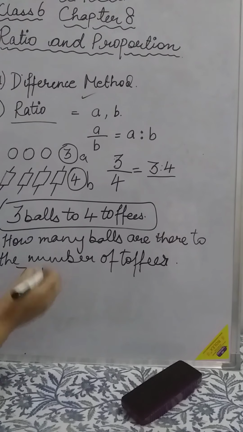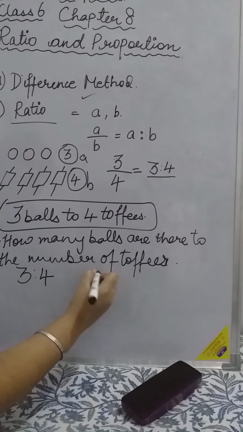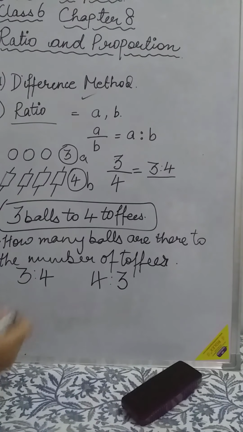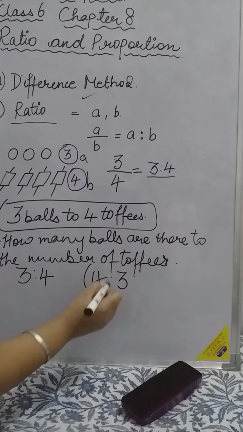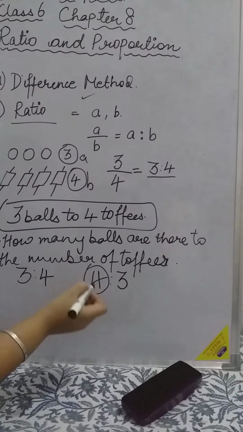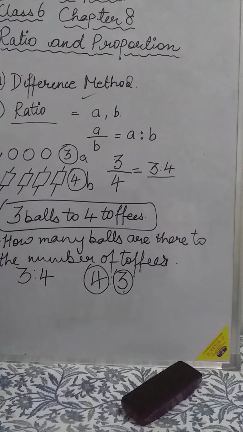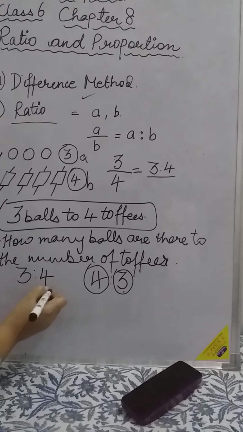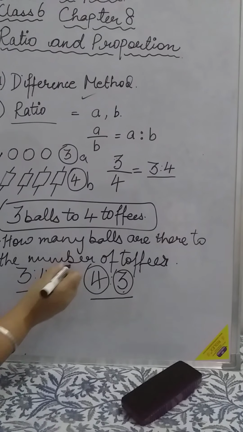But for this same question, if you write down 4 is to 3, this is going to be wrong, because this means that you have 4 balls to 3 toffees, which is technically wrong according to this. So 3 is to 4 and 4 is to 3, they are not same.